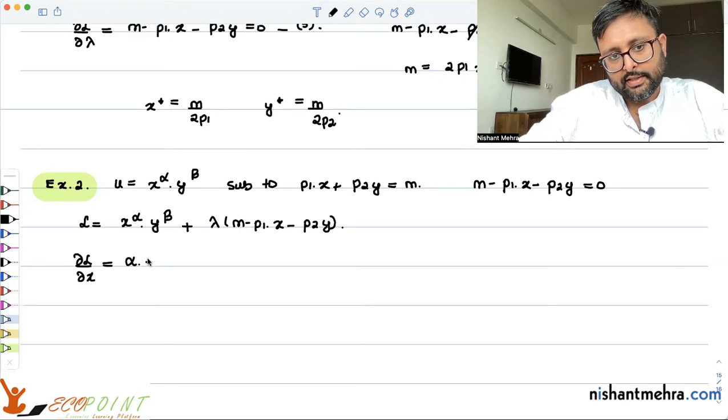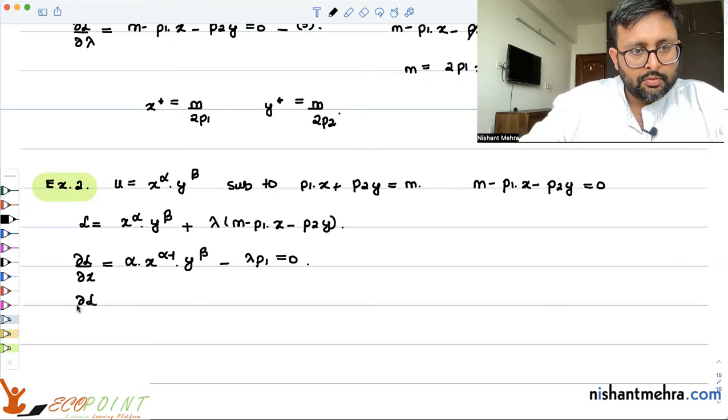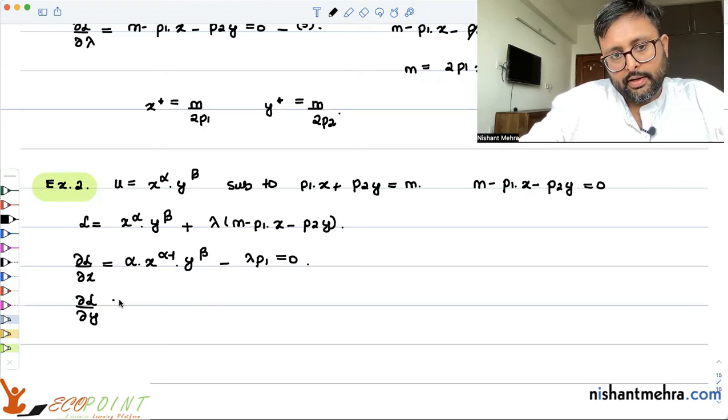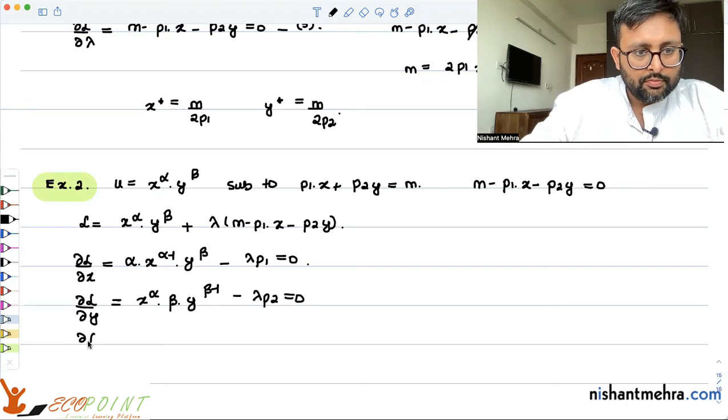So del L by del X is alpha X to the power alpha minus 1, Y to the power beta minus lambda P1 equals to 0. Del L by del Y is X to the power alpha beta Y to the power beta minus 1 minus lambda P2 equals to 0.